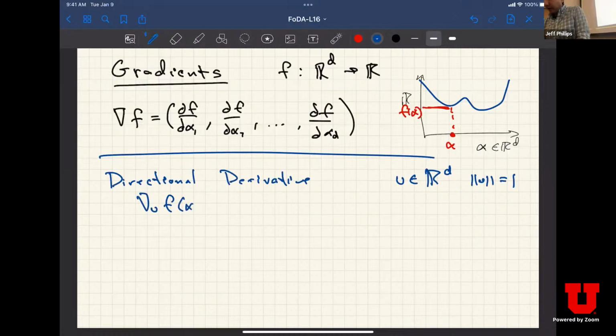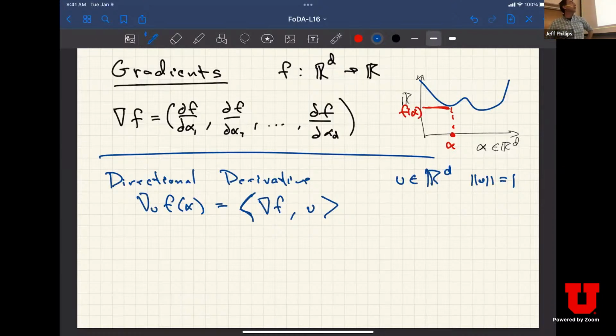If we evaluate this at alpha, this is equivalent to just starting with our gradient function. The gradient's output is a vector, and we take this vector dot product with u. So once we have the gradient function, we pretty easily get all of the directional derivatives.